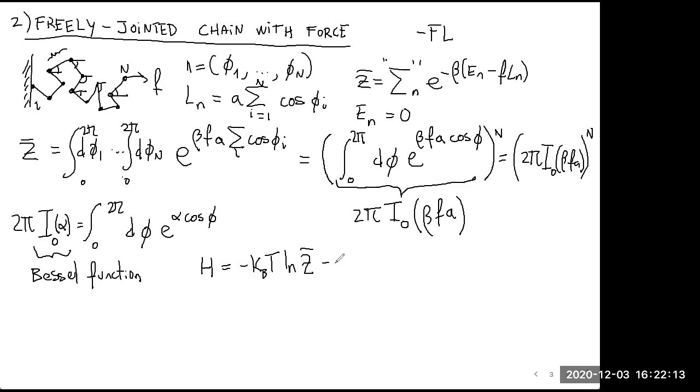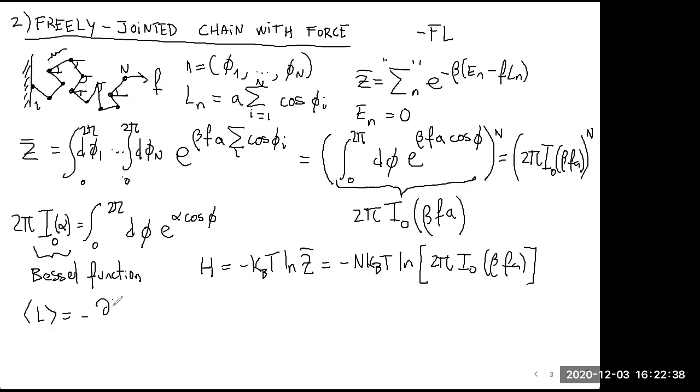So this is just minus n kBT log of 2 pi I0 of beta f a. That's the free energy. From this, as I was teaching you minutes ago, we can get the average length in this model. The average length is minus partial H with respect to f, and H is given by this. So partial H with respect to f, the only place where f appears is here.